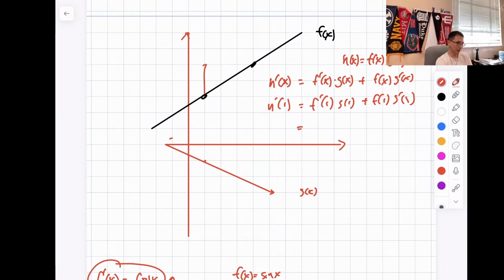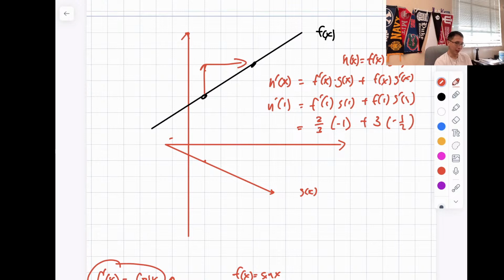So do you see this is 2 and this is 3? So that's 2 over 3. What is g of 1? That would be negative 1. Good. What is f of 1? 3. And what is g prime of 1? Negative 1/2. Good.